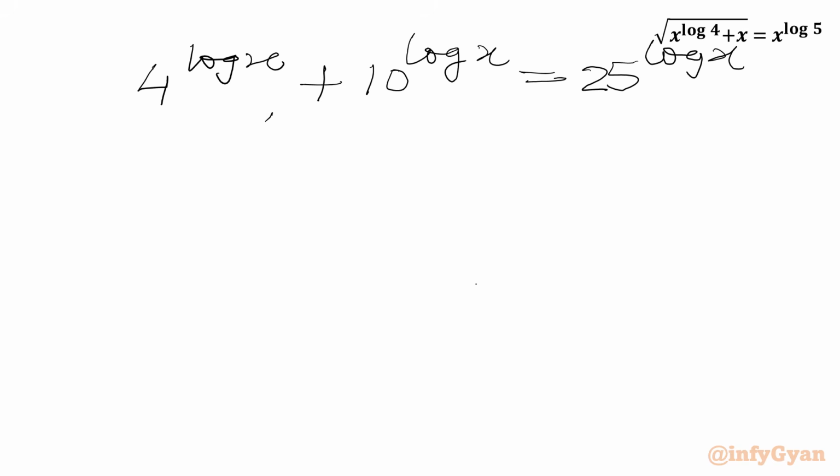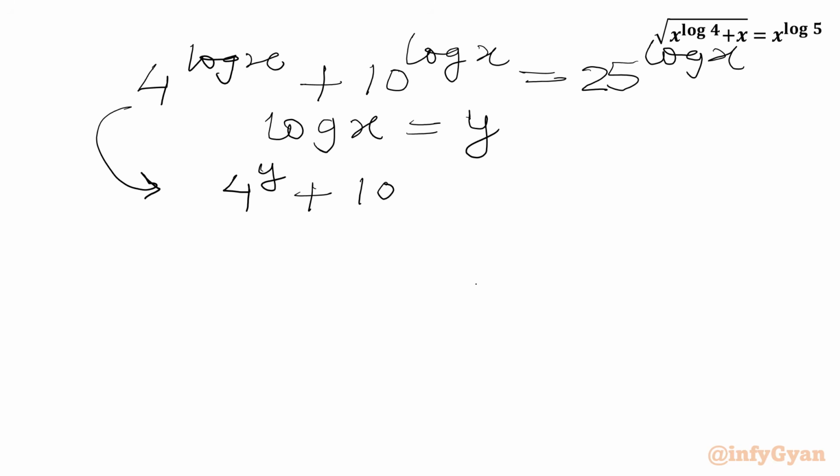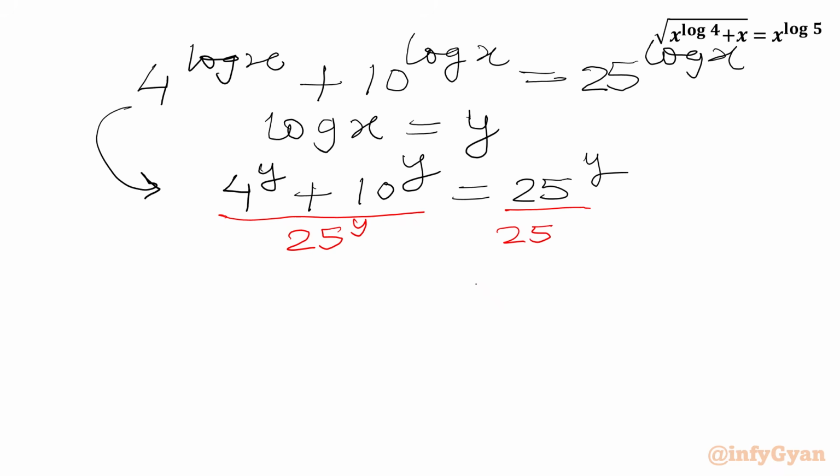Now let us assume log x equal to y. So our equation will become 4 power y plus 10 power y equal to 25 power y. Now we know that an exponential cannot be negative and cannot be 0. So we can divide both sides by 25 power y, because 25 power y is always positive.